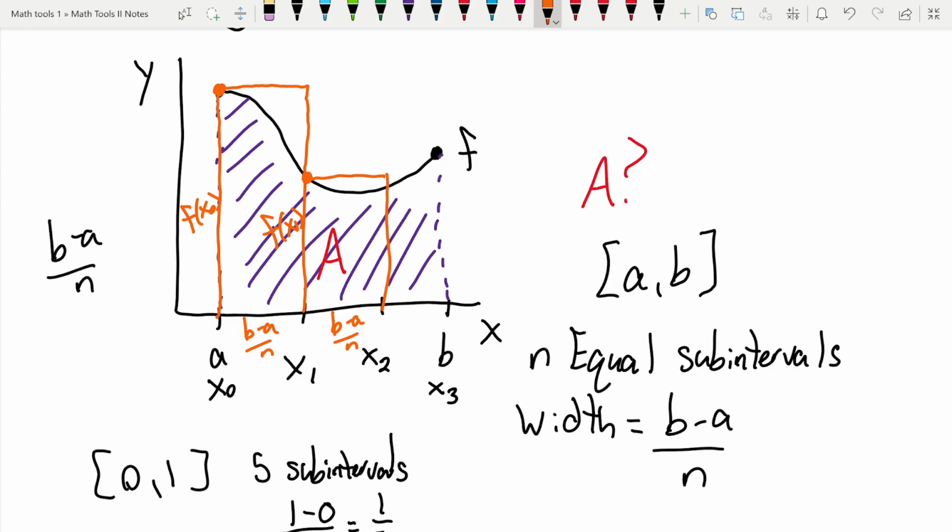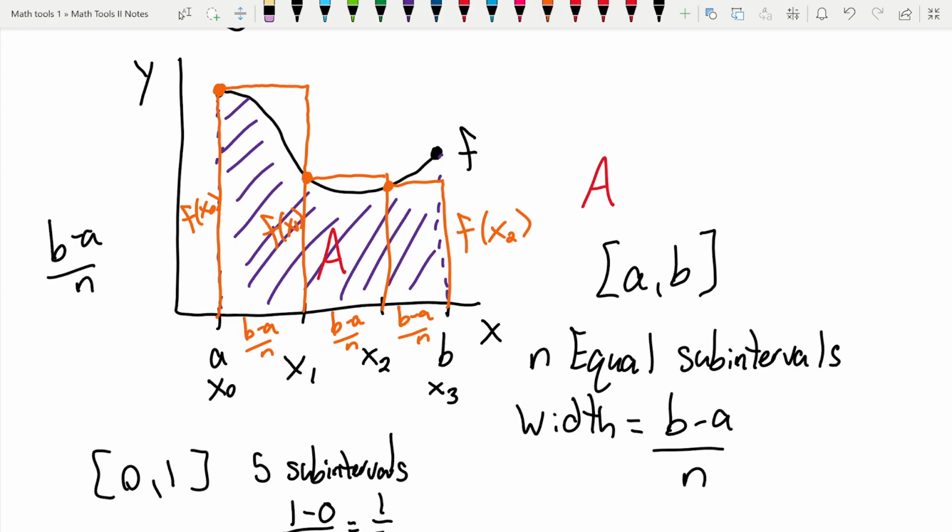Okay. And then finally, we do the same thing with x2. So this is the height right here, and we bring that over here. And now the height is f of x2, and the width is again b minus a over n. Okay.